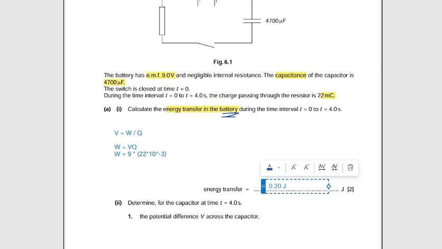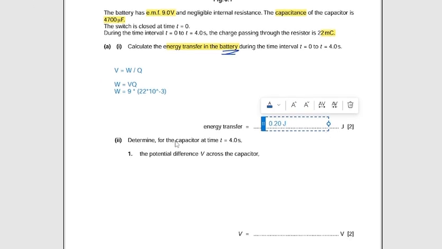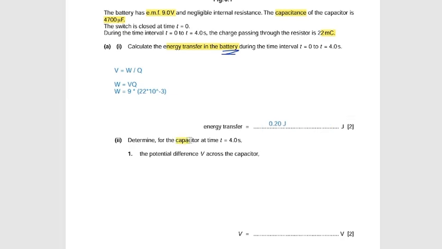Moving on towards the second part, determine for the capacitor. Everything we will be doing is for the capacitor, so if it's energy, then you can apply those formulas. Number 1, the potential difference V across the capacitor. Pretty simple. You need a very good understanding of the formulas of the capacitor. What do we mean by capacitance?